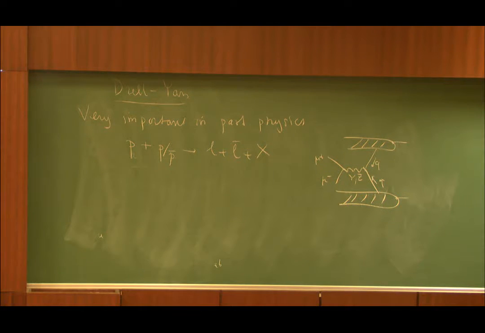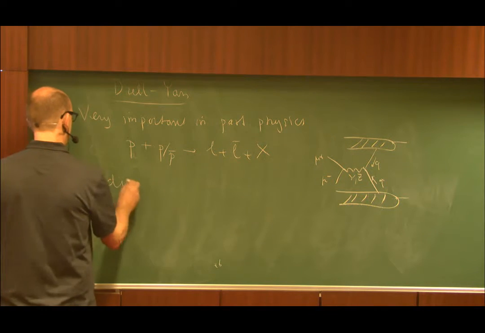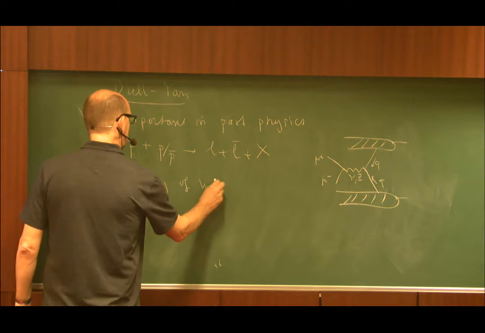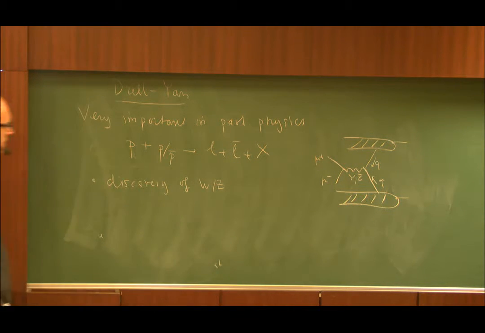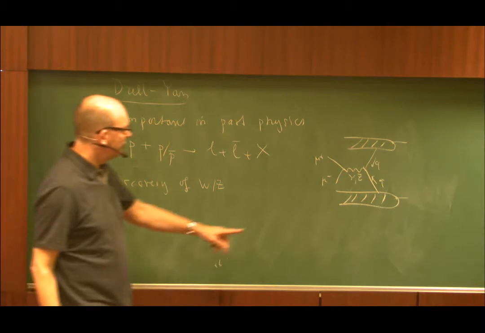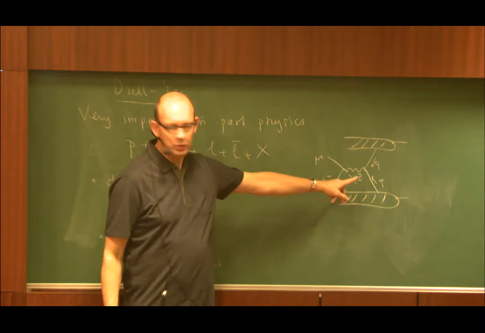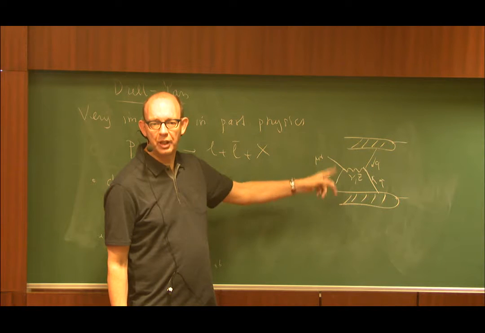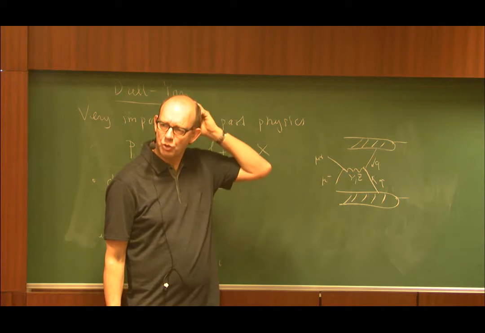Now, why is this such an important process? Well, it led to the discovery of the W and the Z in the 1980s at CERN, UA1, UA2, very important experiments. If you would have a W here, you could get a muon and a mu neutrino coming out, and that was a sign of monojets.